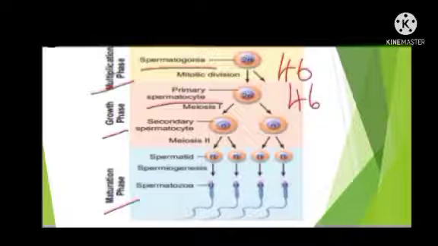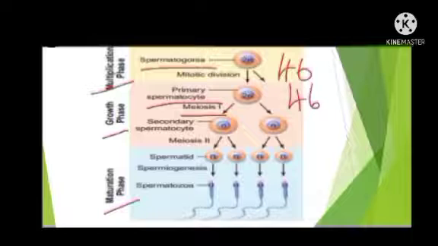Now this primary spermatocyte will enter into the next phase, that is the maturation phase. During the maturation phase the cells undergo meiotic division. So the primary spermatocyte undergoes first meiosis, the first meiotic division.